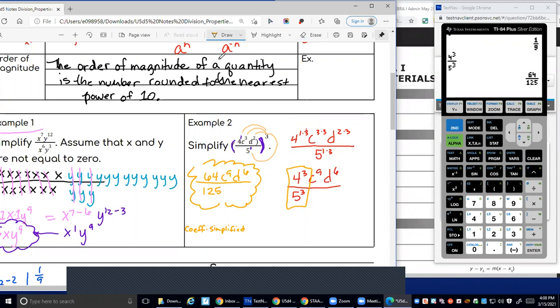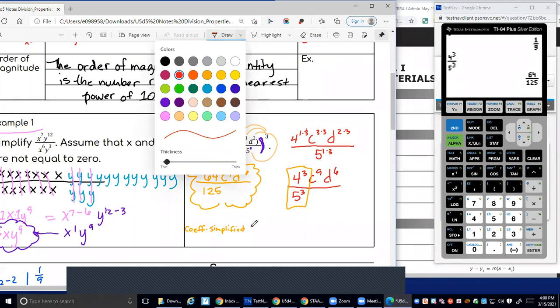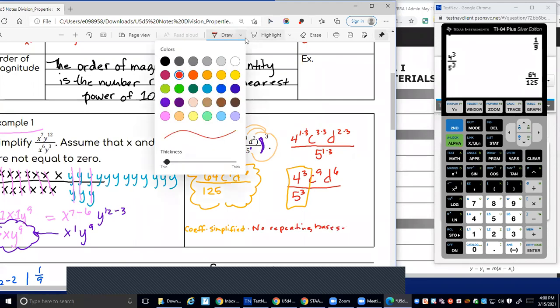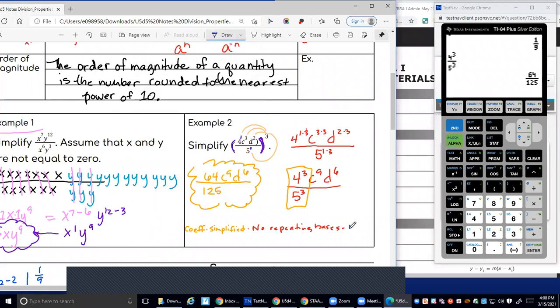I think this was actually outlined in another document, and that's okay. And then finally, no negative exponents. Those are basically the three things. I think that should get you pretty far.